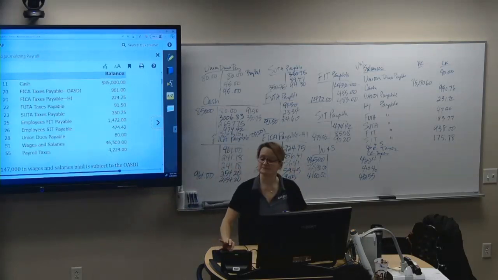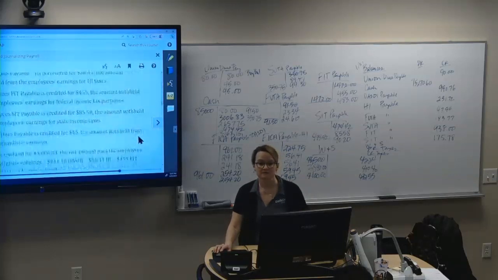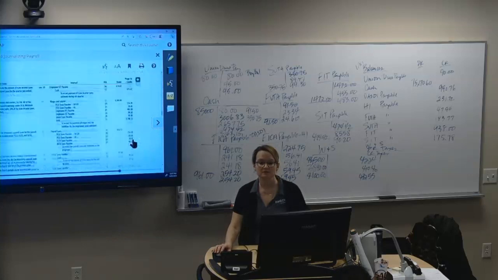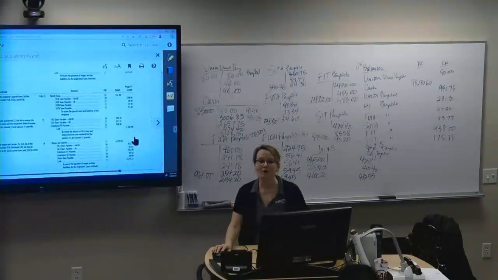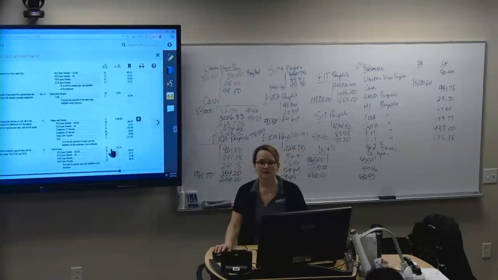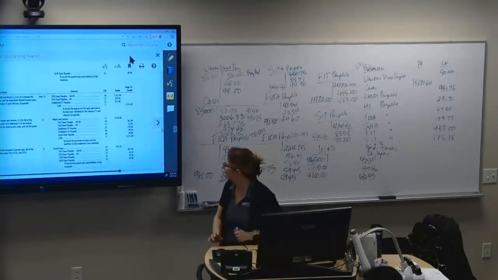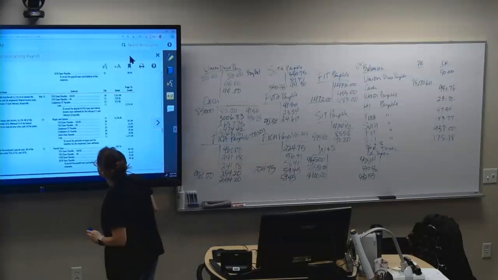Questions? I know it's a mess. So this goes on. You want to do it on your own to go into February and recording all of the amounts. Oh, it goes into March too.